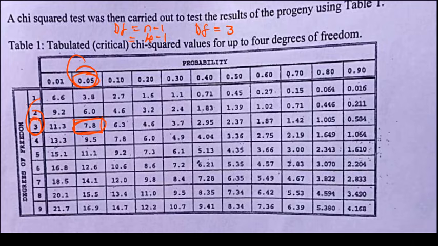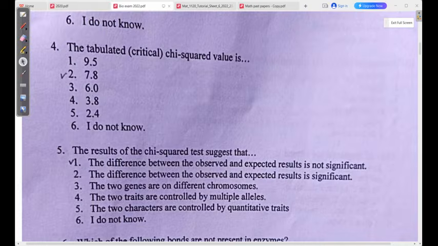That was our answer. That's the value that we obtained from this table. Do we have 7.8? Let's check. Yes, it's option 2. So the answer is this one here, option 2.